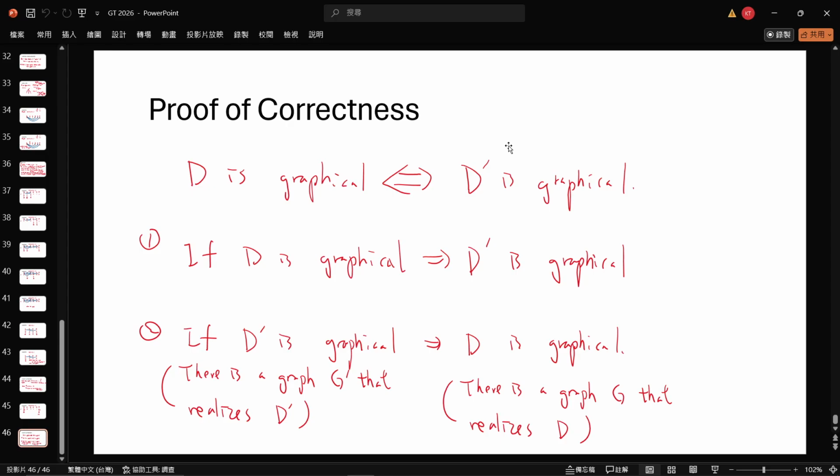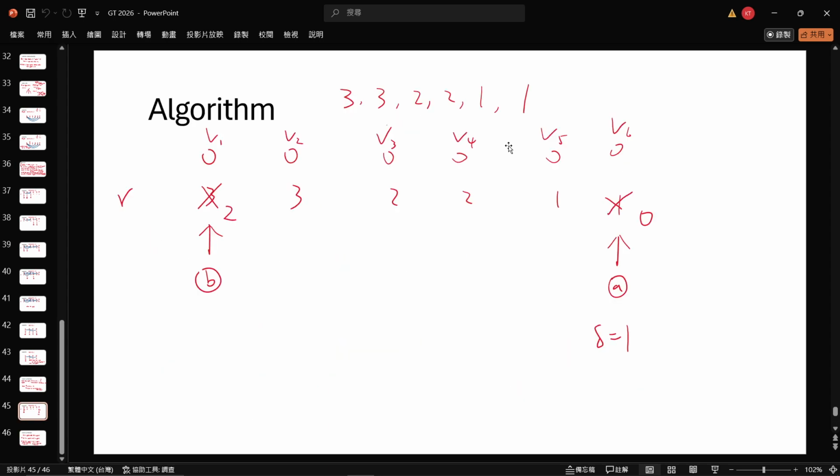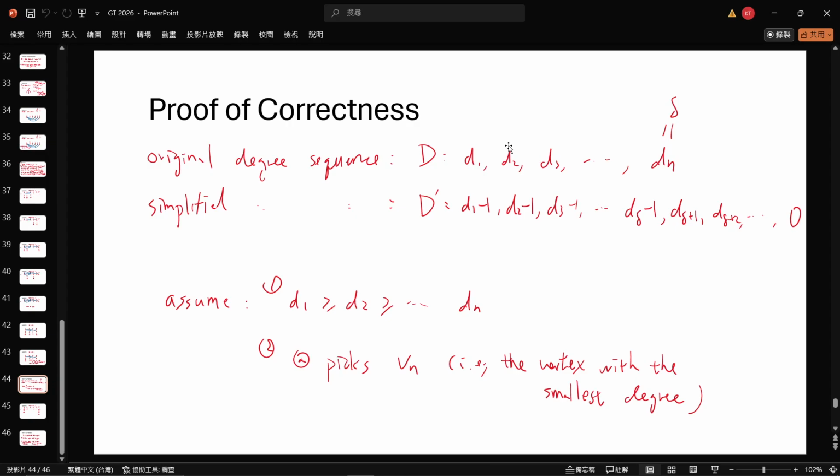So D is the original degree sequence, and D prime is the degree sequence after we pick Vj, pick all the endpoints for Vj, and add all these edges. This is the original degree sequence, and this is the new degree sequence after one round.